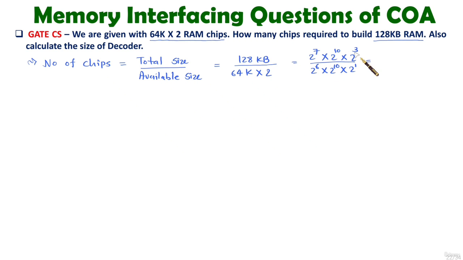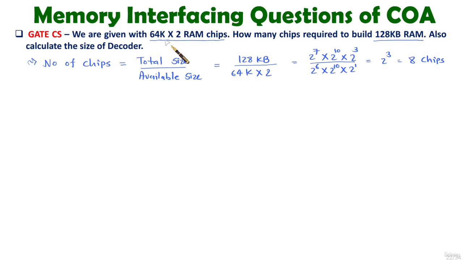In the numerator we have 7, 10 and 3, which is 2 to the power 20, and in the denominator 6, 10 and 1, which is 2 to the power 17. So we have 2 to the power 3, meaning in total 8 chips are needed to have this size of RAM using these chips.